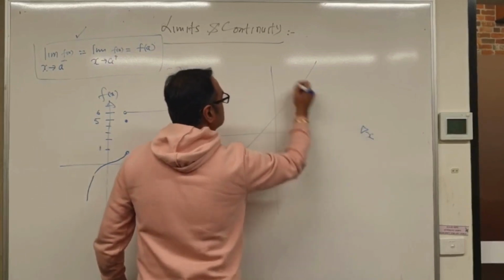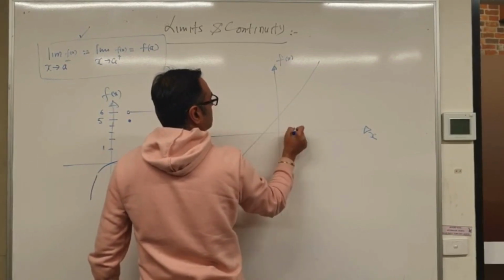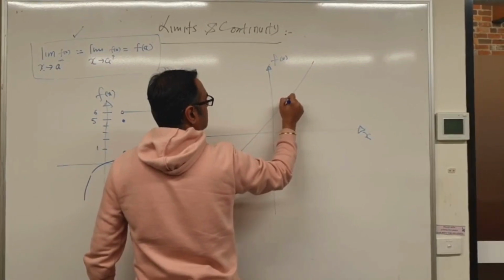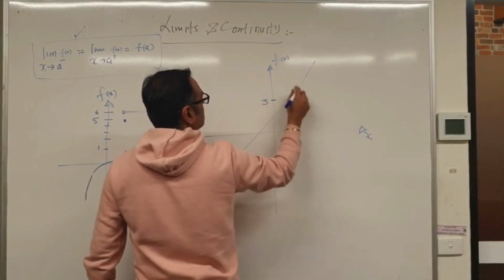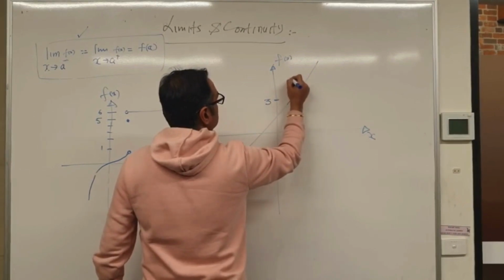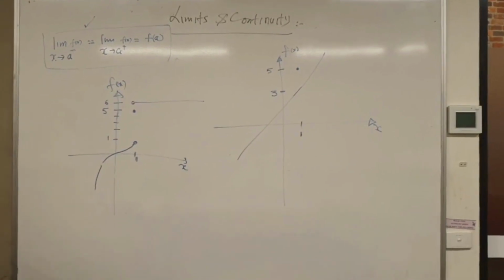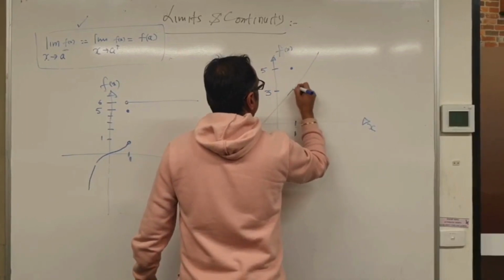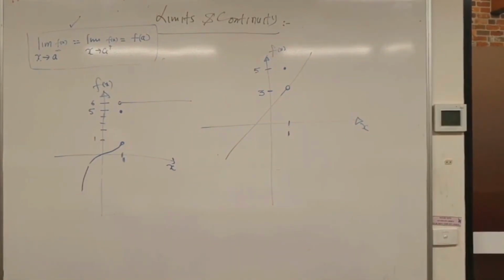Obviously, this is x. This is f of x. And this is, let's say, 3. And one more thing. Tell me, is this function continuous?